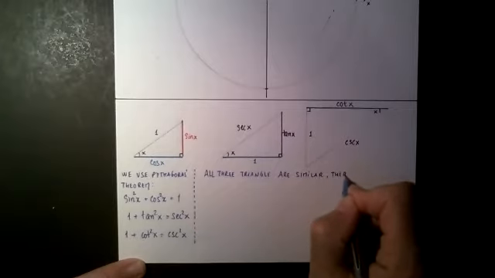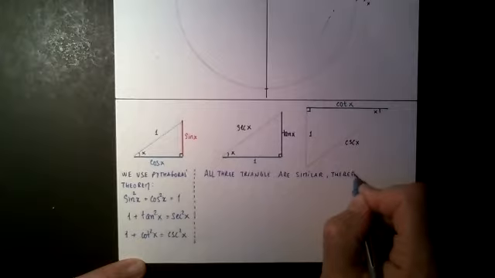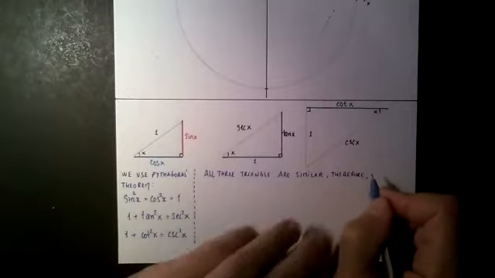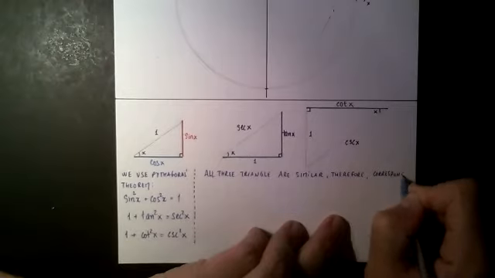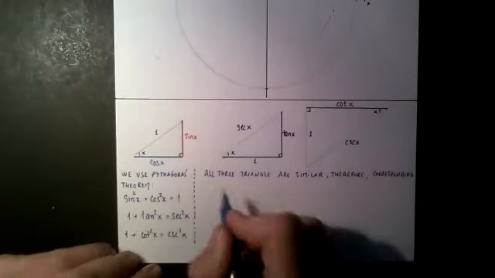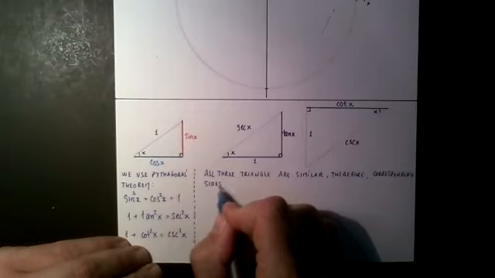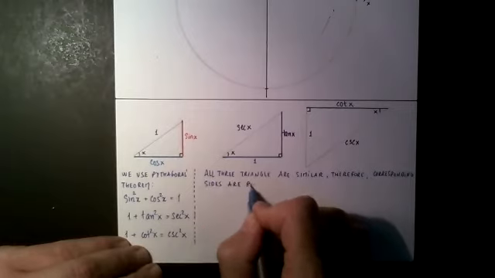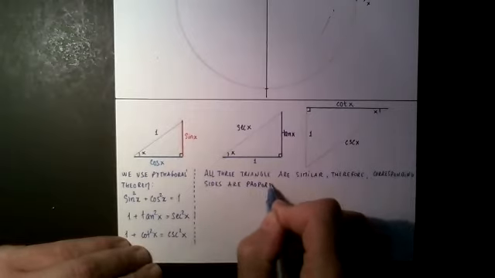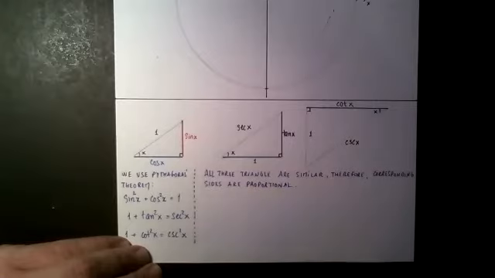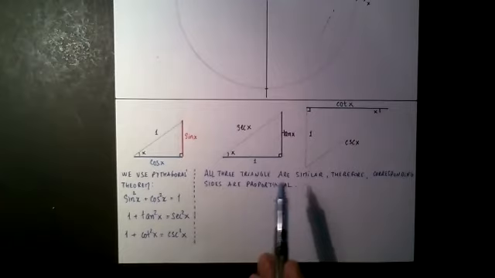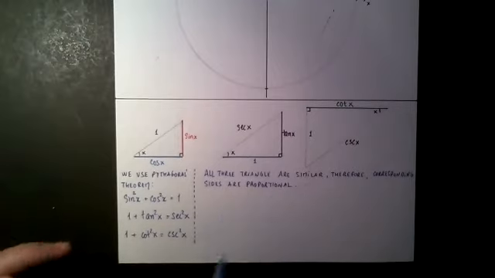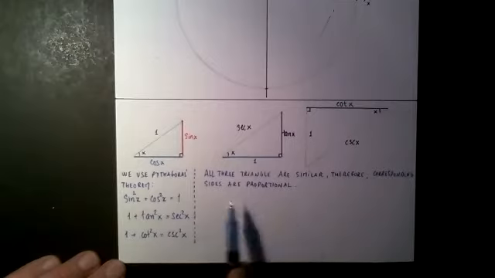Therefore, corresponding sides are proportional. It means that if I start dividing corresponding sides, the ratio will be maintained. Is this okay? Do you understand this sentence?